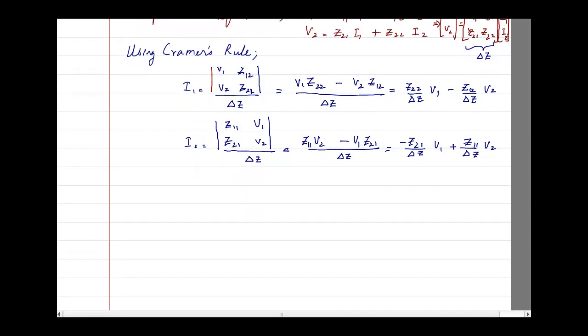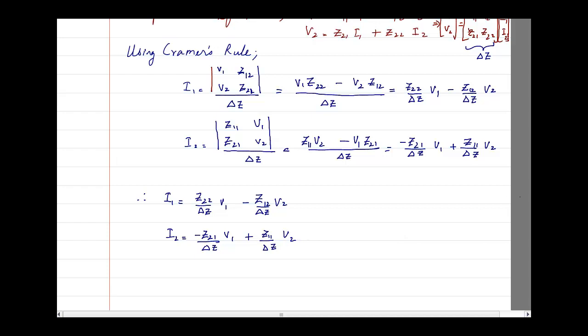Okay, correct? Therefore, see, what is the equation looking like? The equation is, therefore I get I1 as Z22 divided by delta Z V1 minus Z12 divided by delta Z V2, and similarly from the second equation I2 is going to be minus Z21 divided by delta Z V1 plus Z11 divided by delta Z V2.